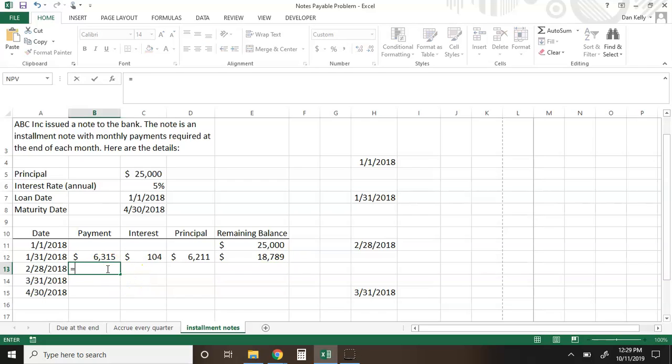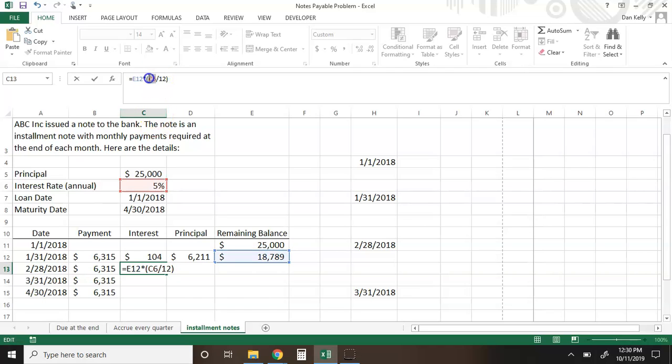So our payment won't change over time, so we can simply tell Excel to make it the same thing over and over. The interest calculation also won't change. It's still going to be what remains times 5% divided by 12.